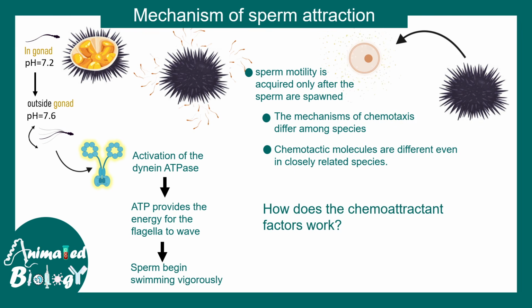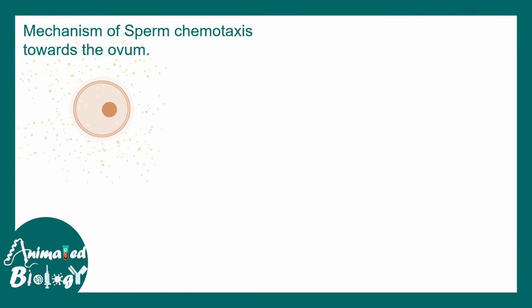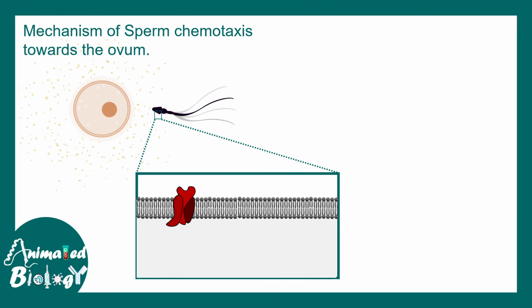But the question is, how does the chemoattractant factor work? Because that's the prerequisite for fertilization to occur. And how does the sperm get its directionality? So let's talk about the mechanism of sperm chemotaxis towards the ovum. If we zoom into the membrane of the sperm, we would see there are specific receptor guanylyl cyclases which receive specific molecules from the egg, such as the resact molecule.